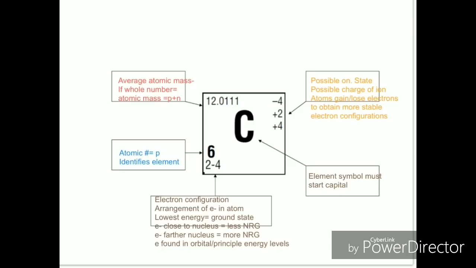Now, many times, atoms try to obtain more stable electron configurations by becoming ions. Ions result when atoms gain or lose electrons. Here are listed the possible charges of various ions.